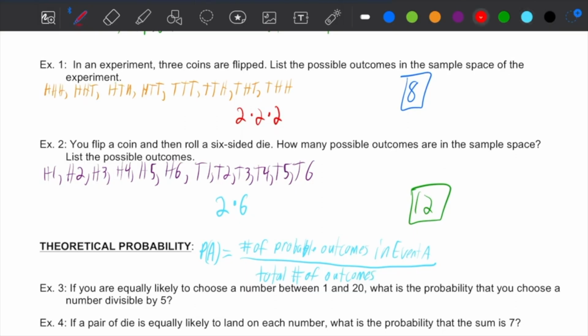When we talk about theoretical probability, we're saying this is how it should work. For example, if you flip a coin twice, you should get heads once and tails once. But if you flip a coin 2 times, that might not be what happens.